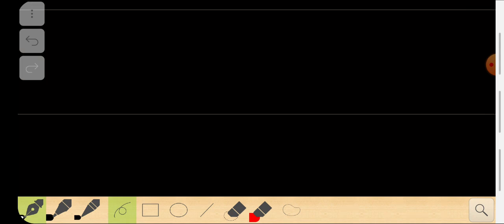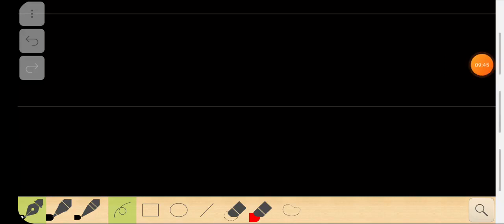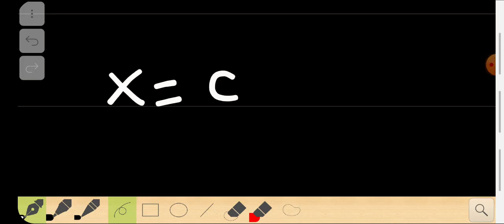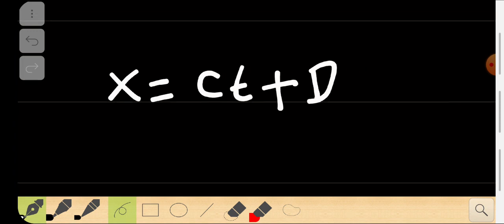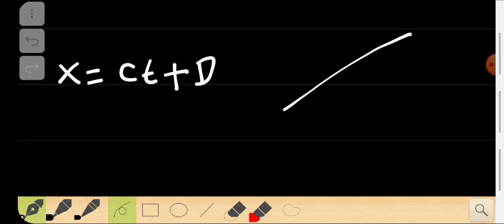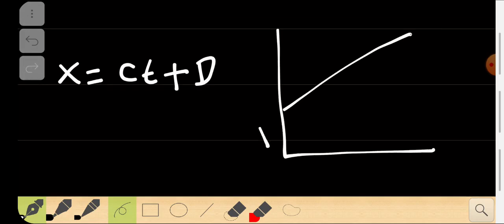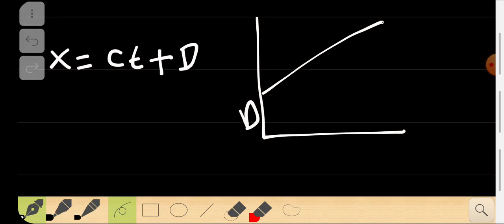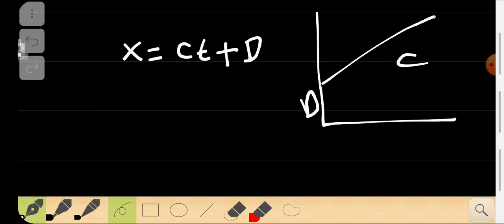You can write x equal to some constant c times t plus some constant d. This is the equation for a straight line, with the starting point d and the slope c. That's the basic equation.